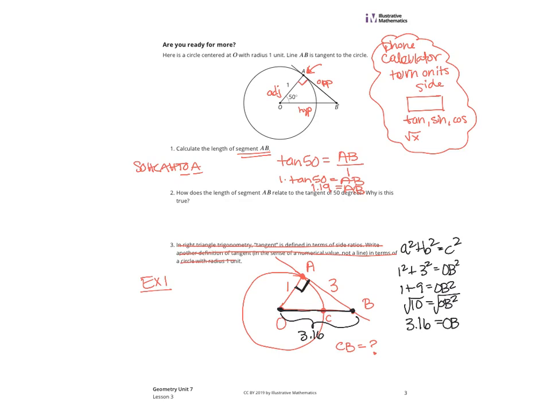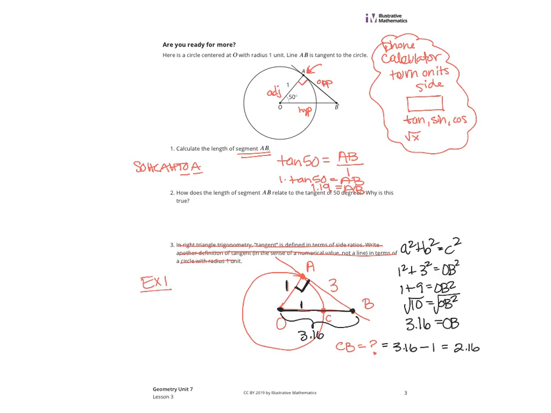So if my radius is 1, notice my radius was 1, then my distance from O to C would also be 1. So in this case, I can now find CB. CB would be the total distance of 3.16 minus the part I know of 1. So it looks like from C to B is 2.16.